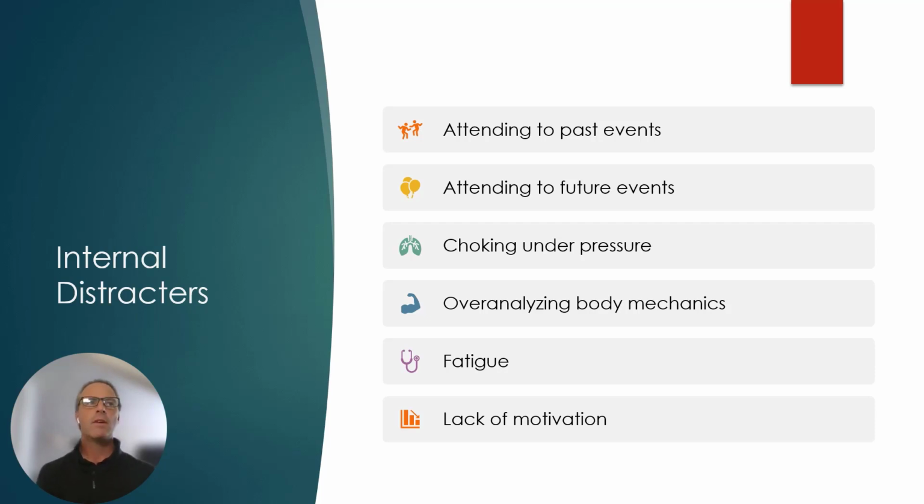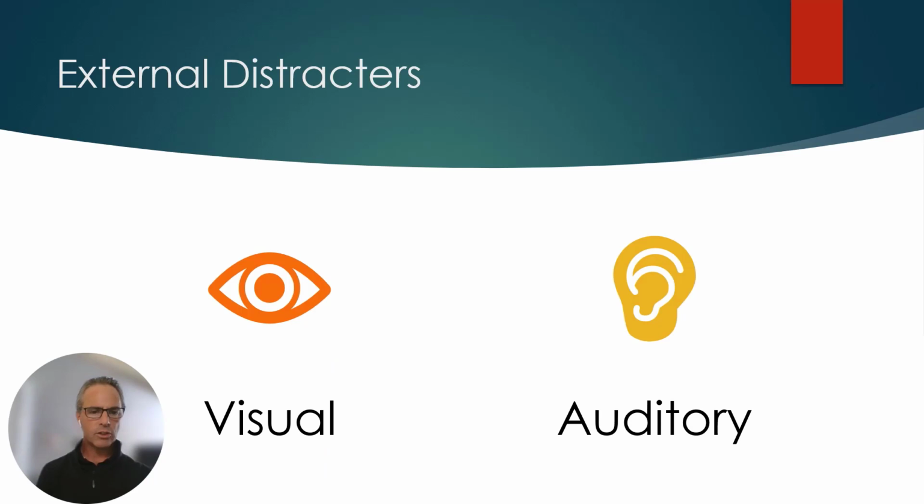If we're not motivated to be in the event that we are participating in, that is part of our internal distractors and will cause a decrement to our attentional focus. Now, external distractors, again, are visual and auditory. So anything and everything that causes us to take our attention away from the task at hand, if it's visual or auditory, would be considered an external distractor.